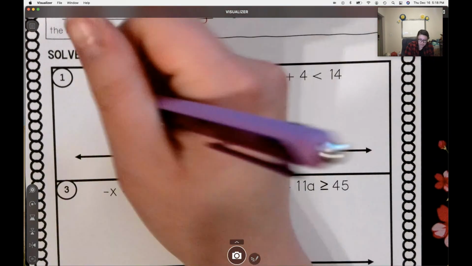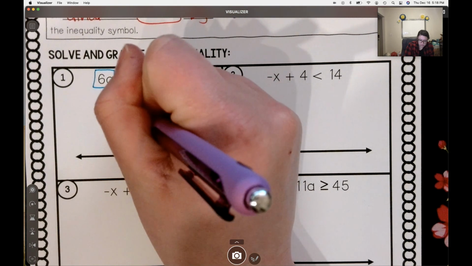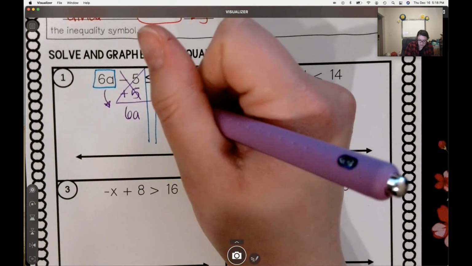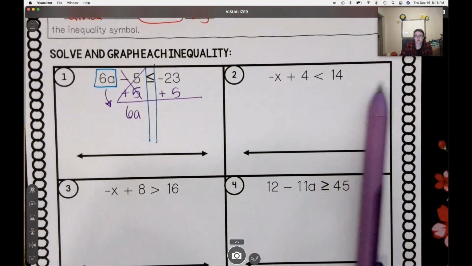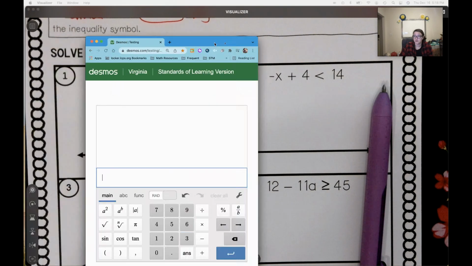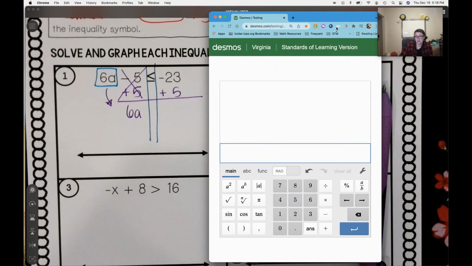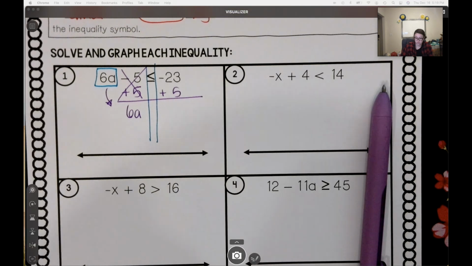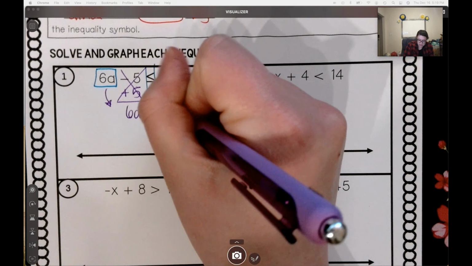Opposites eliminate each other. Bring down your 6a. -23 plus 5. If you're not confident in that, there's no shame in the calculator game. -23 plus 5 gives us -18.